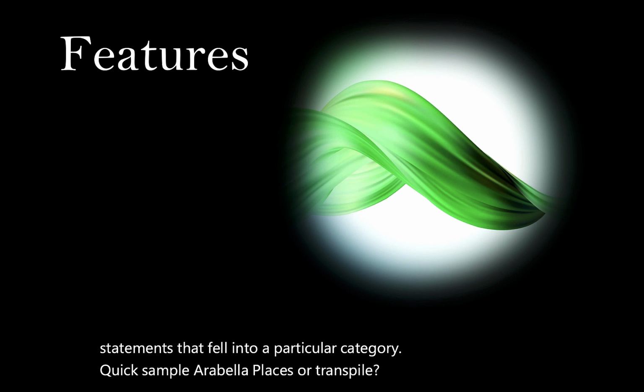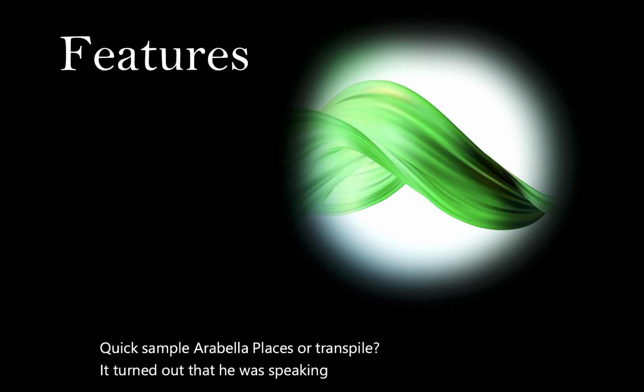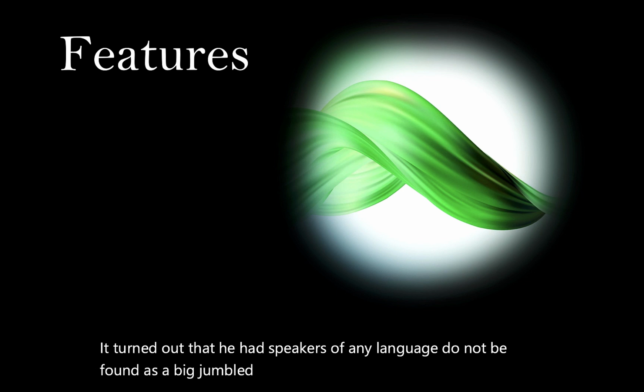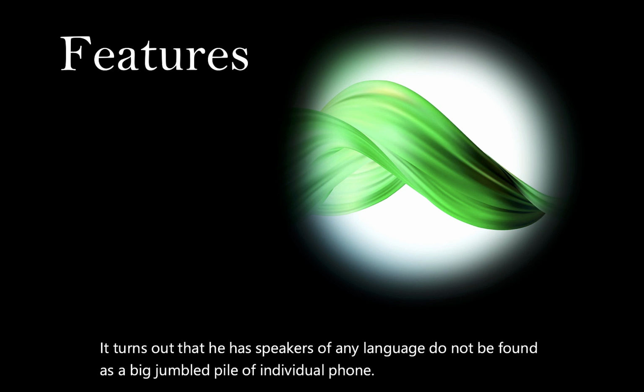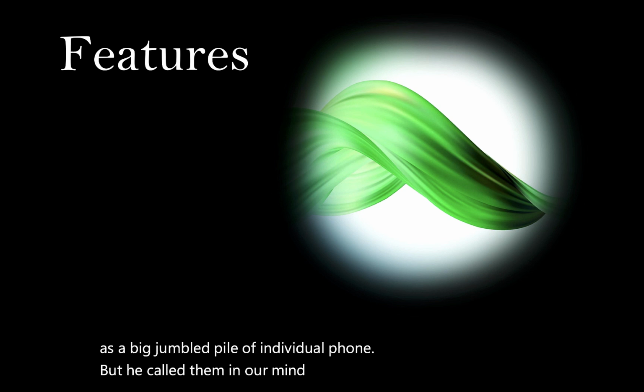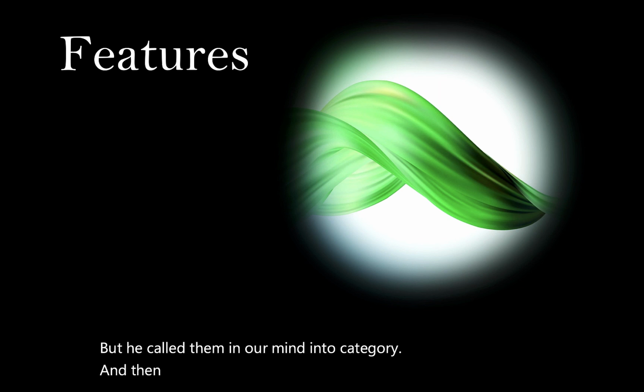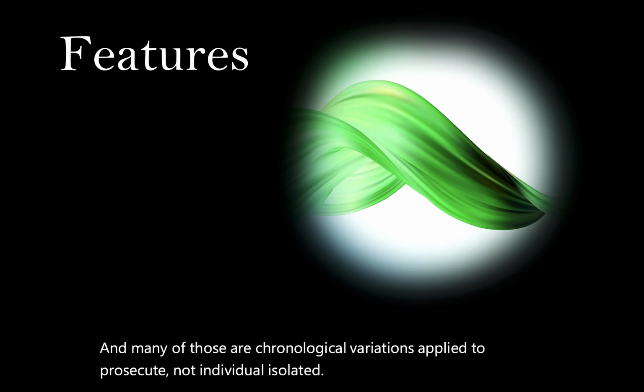It turns out that we as speakers of any language do not treat sounds as a big jumbled pile of individual phones, but we group them in our mind into categories, and many rules of phonological variation apply to such groups, not individual isolated sounds.